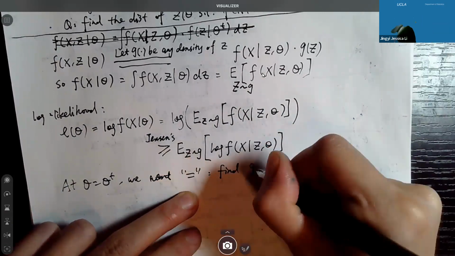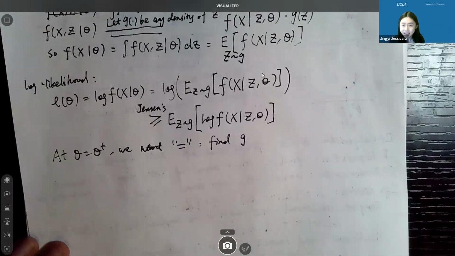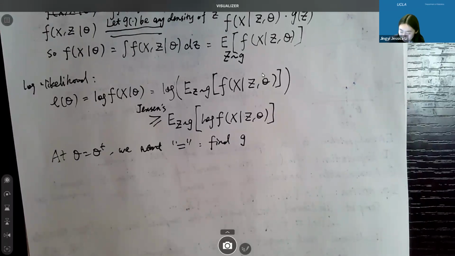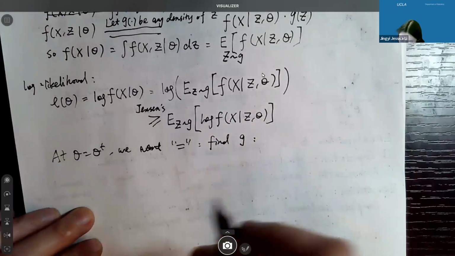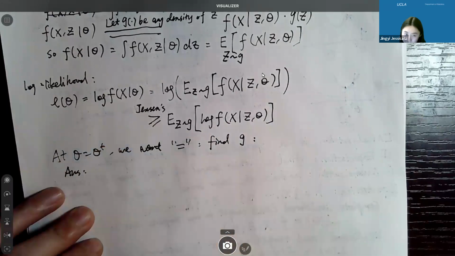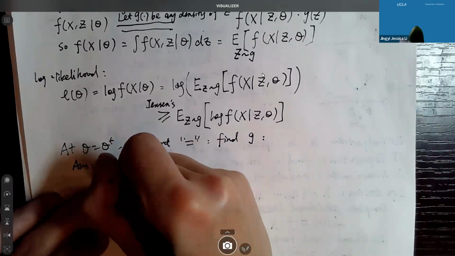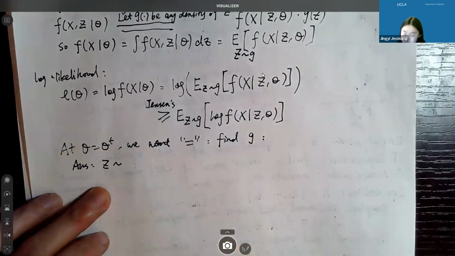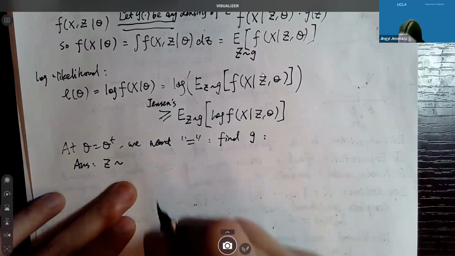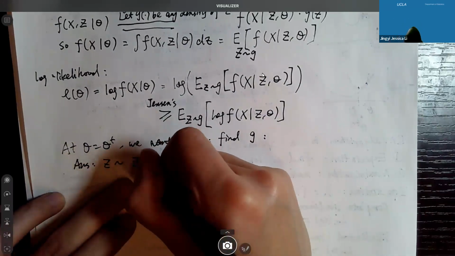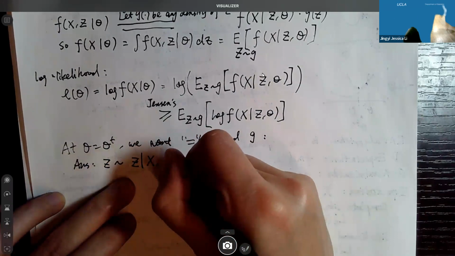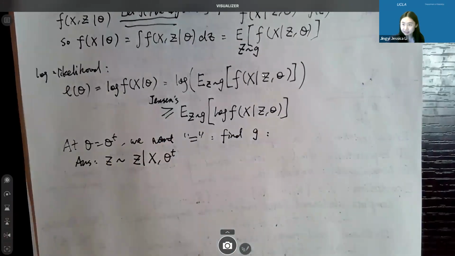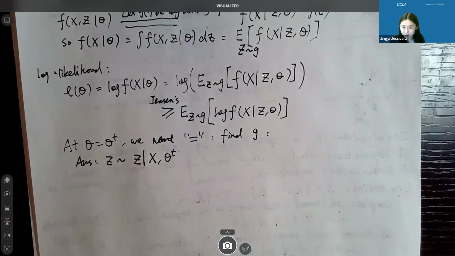Find g. And it turns out that the answer is z should follow this distribution, the conditional distribution of z given x and theta_t. This is the answer.